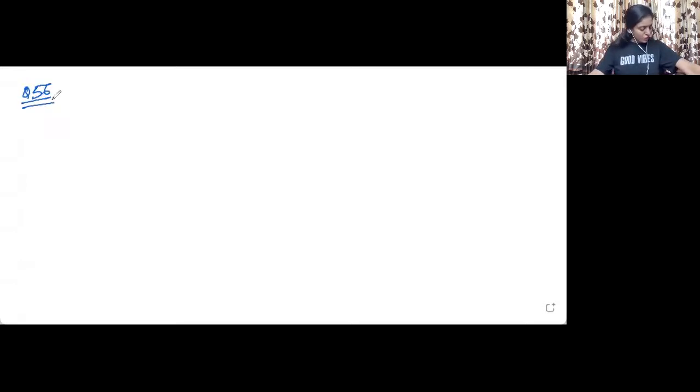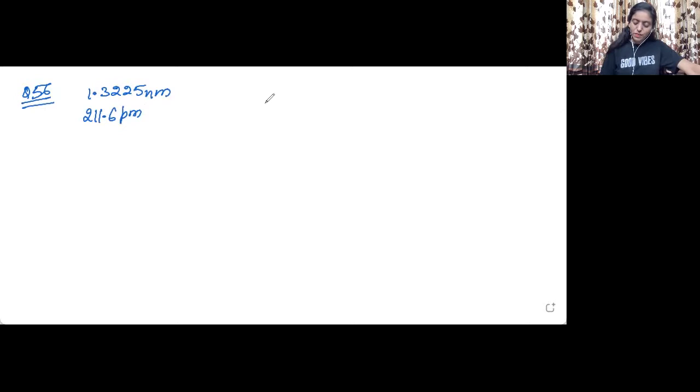Question number 56 here is: calculate the wavelength for emission transition if it starts from the orbit having radius equal to 1.3225 nanometer and ends at the radius 211.6 picometer. So it is a question of emission spectrum.